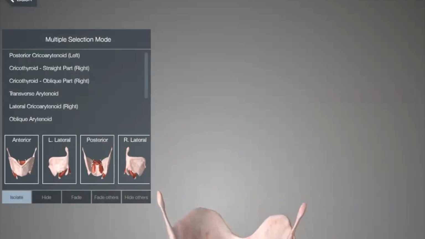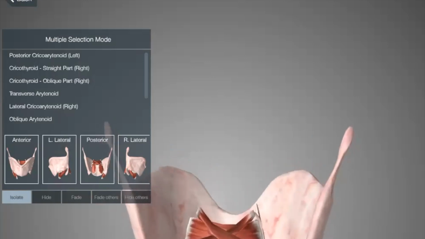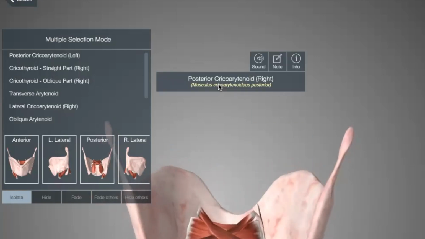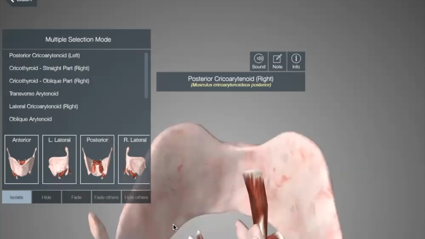And what does abductors mean? Abductors mean that they are literally the only ones that are able to cause the rima glottidis to increase laterally. Imagine the only muscle that is allowed to open up the rima glottidis. You have two vocal cords, okay?